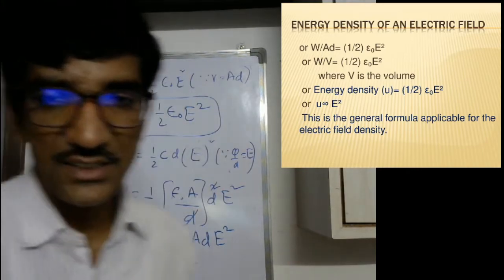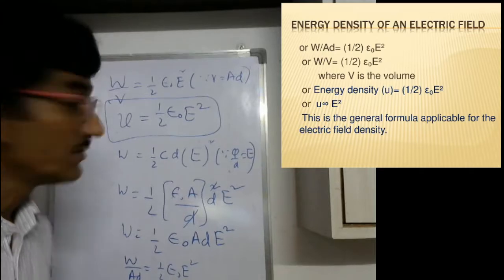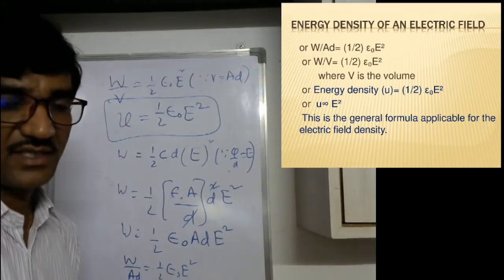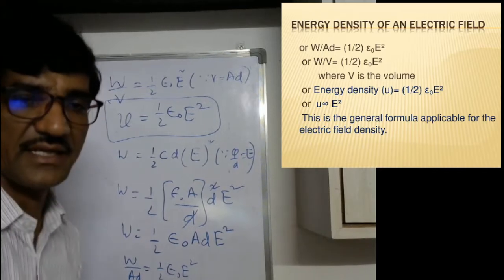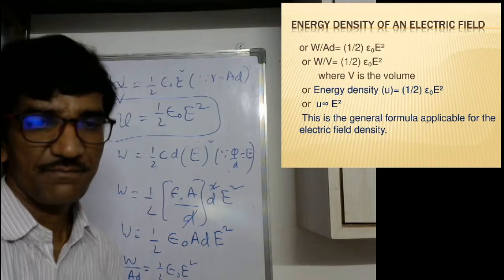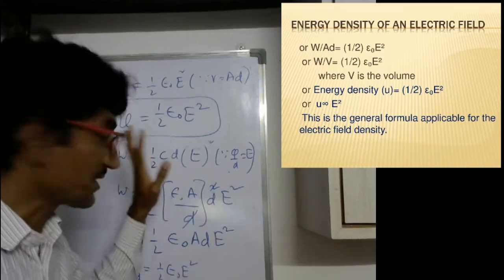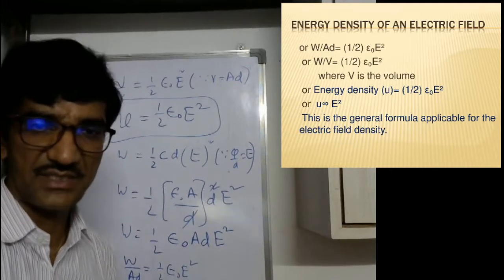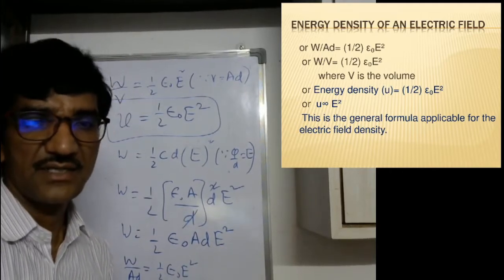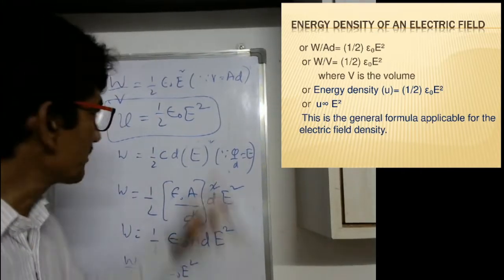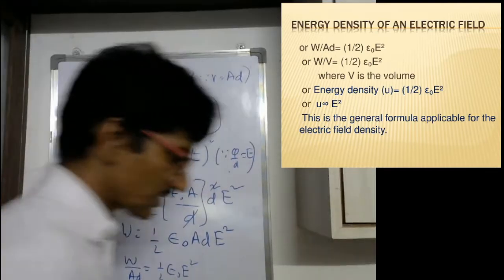We got a very simple relation for the energy density of the electric field inside a capacitor. Even though we derived the expression for a parallel plate capacitor, it applies everywhere. It is the general expression for the energy density of an electric field. Wherever an electric field is present, you get the energy density of that field by using this formula. Epsilon naught is a constant. Then what is your conclusion?